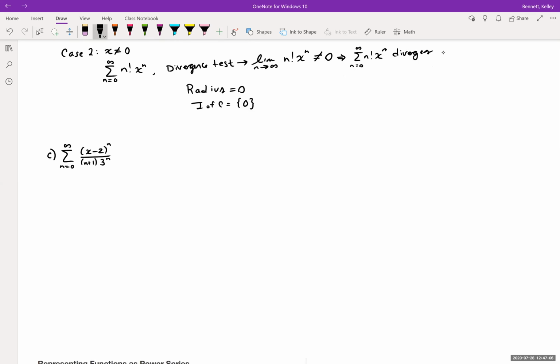All right, so I'm going to apply the root test. So I'm going to take the limit as n goes to infinity of the nth root of the absolute value of x minus 2 to the n over n plus 1 times 3 to the n.